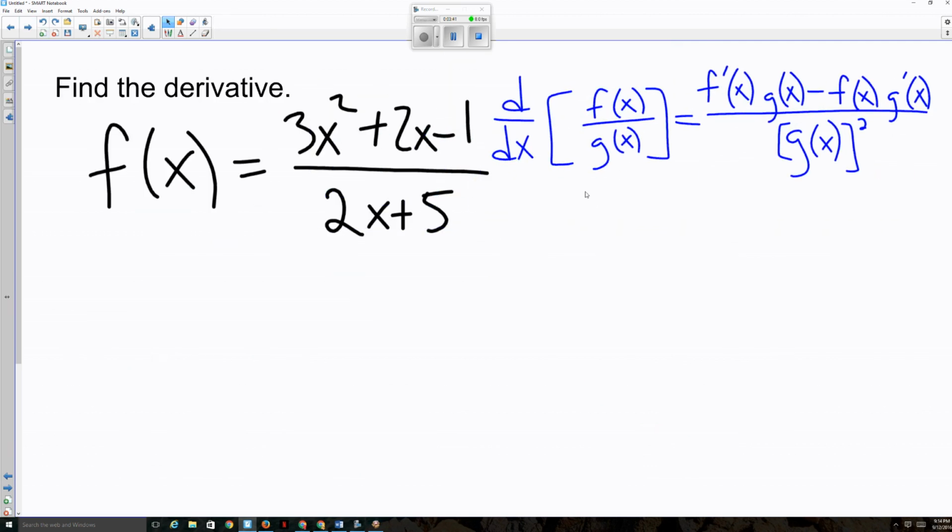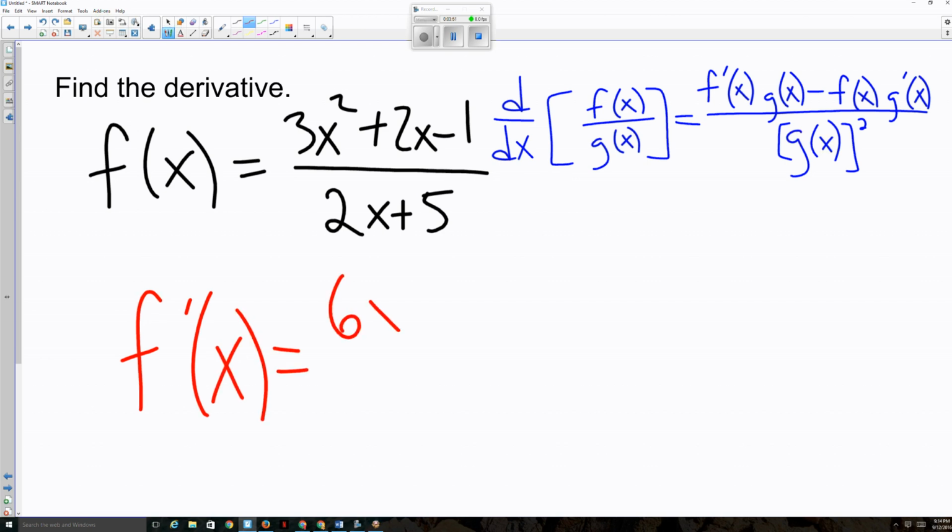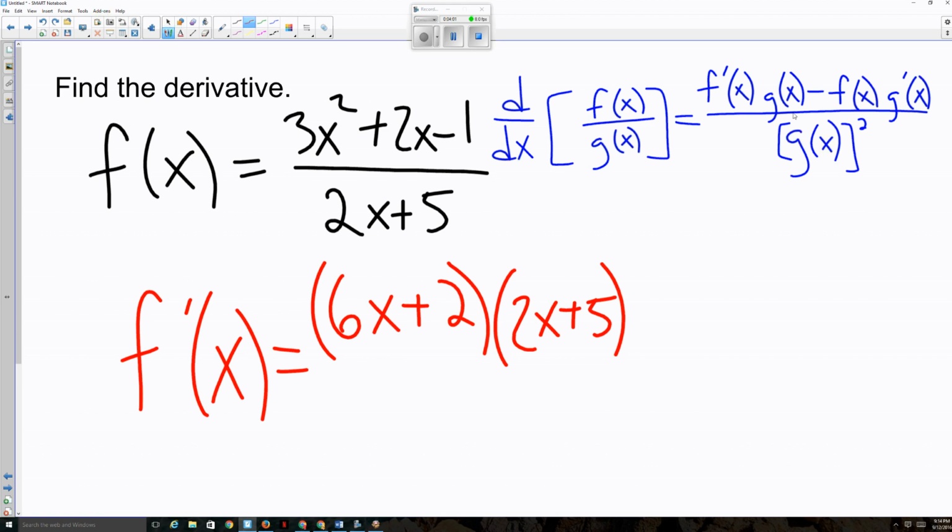All right. So let's look at this. We're going to start out by taking the derivative of the numerator. So f prime here is 6x plus 2. Okay, times g of x. So that's 2x plus 5, minus, all right, so I'm going to write this out.